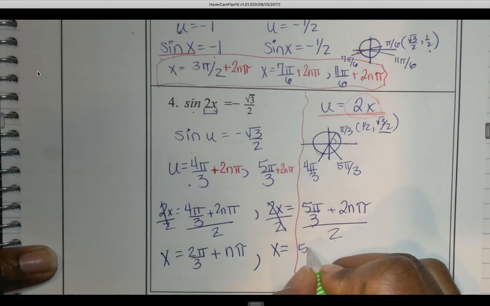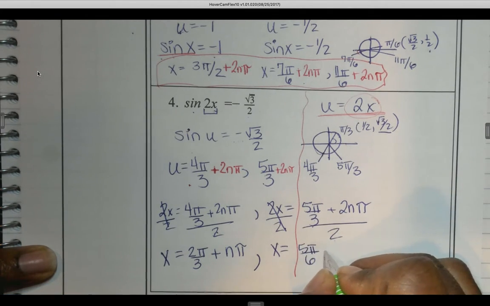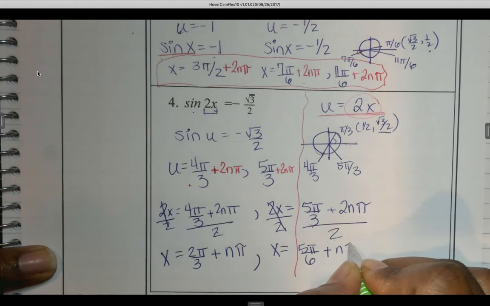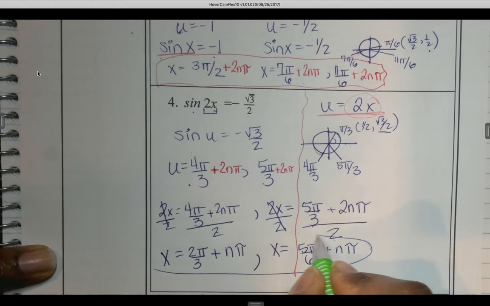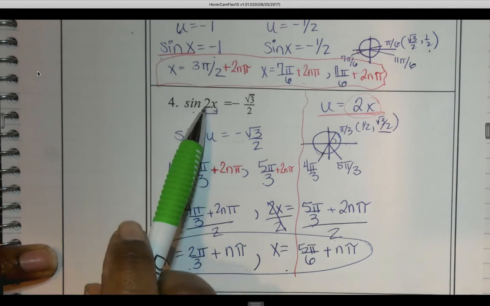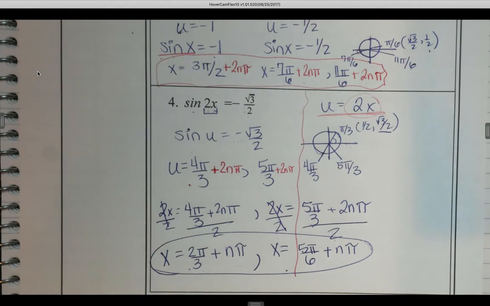So I'm going to write that as 5 pi over 6 plus 2 n pi divided by 2 is just n pi. So these are my two forms of solutions that when I plug any kind of angle of this format in here, I will get that my sine of that angle equals negative square root of 3 over 2.